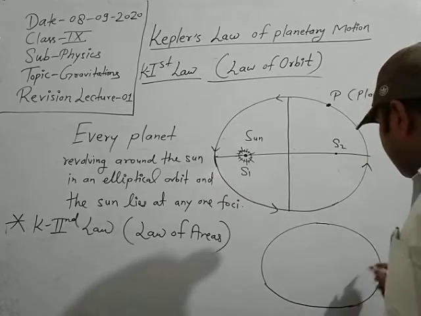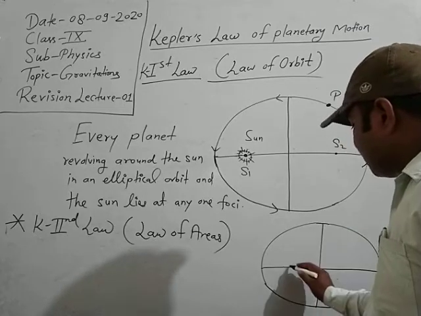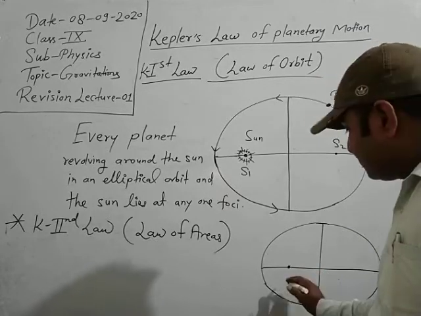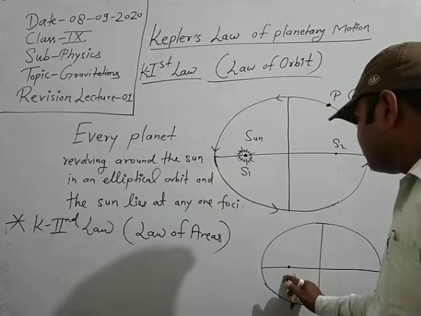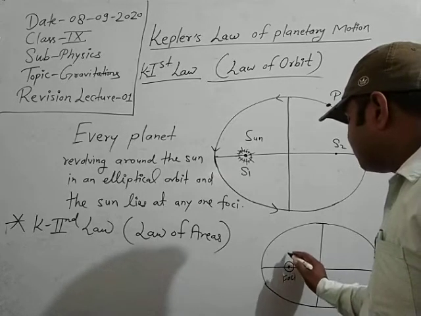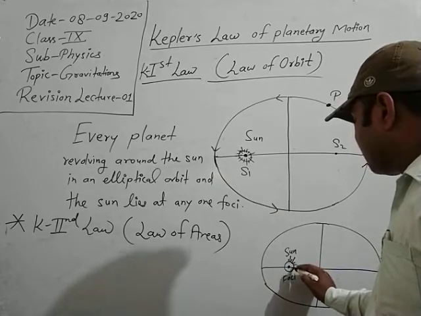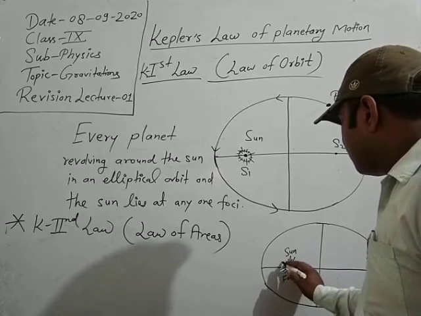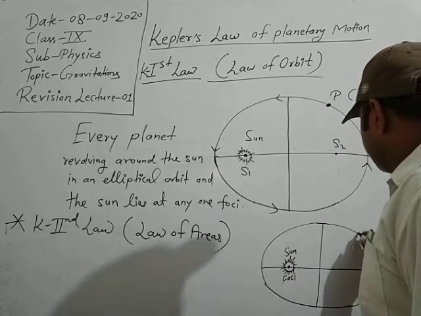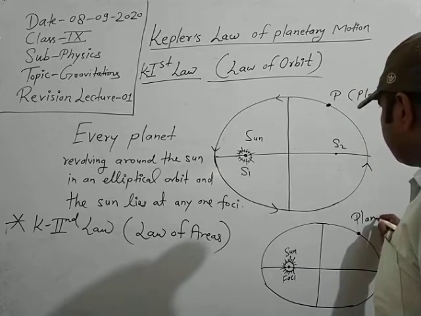And the position of the sun is at any one focus, suppose at this point, this is the position of the sun, and this is the planet.